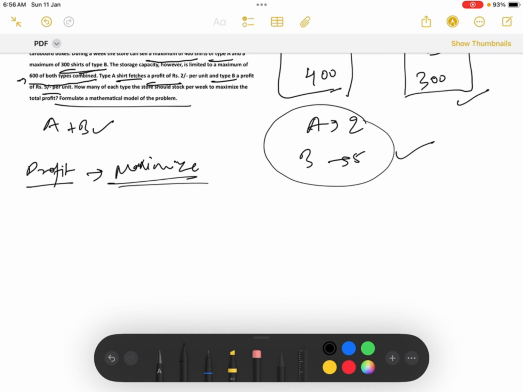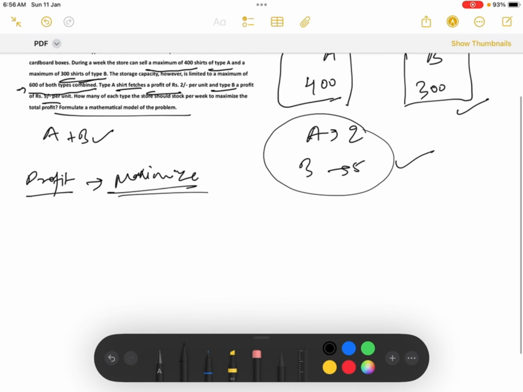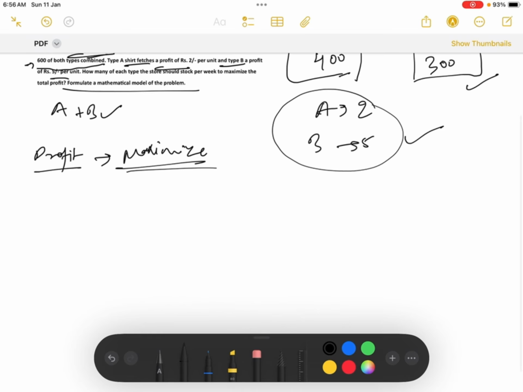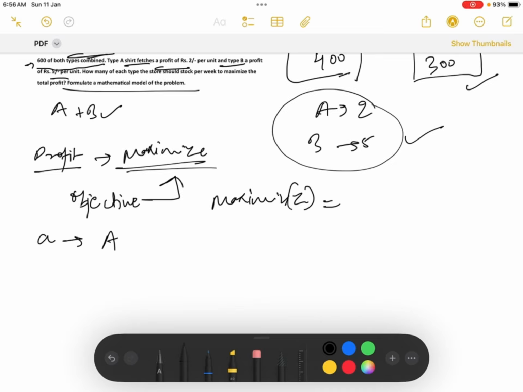Now we have to formulate an LPP. How do we do it? Firstly, as I told you previously, there is an objective. Our objective here is to maximize profit. So you can take maximize Z equal to. Let us consider you store a number of A shirts and b number of B shirts.